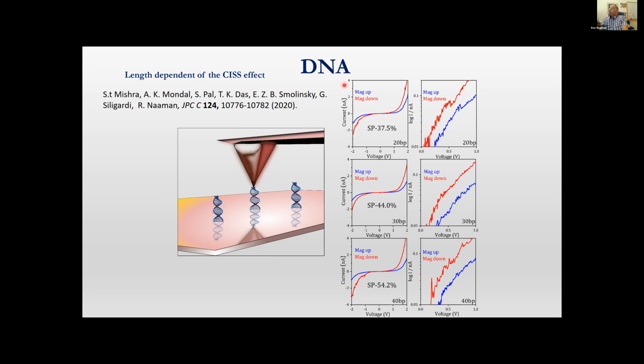What you realize, of course, is that there are two curves here, one when the magnet is up, the other when the magnet is down, and we get spin polarization on the order of 50%. And here you see the same results on a semi-log scale, and then you realize that the two spins have different thresholds for conduction, and of course that the conduction is not linear.